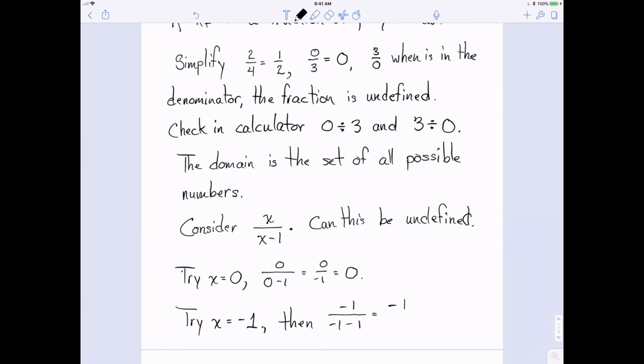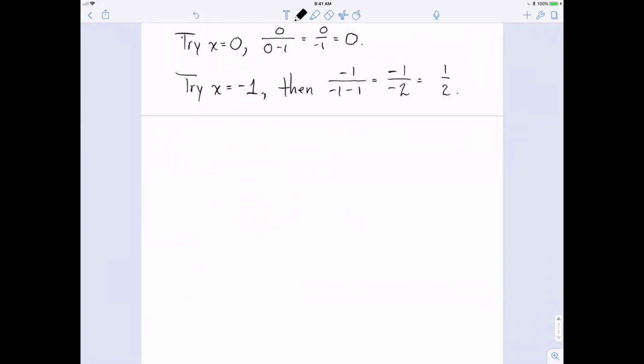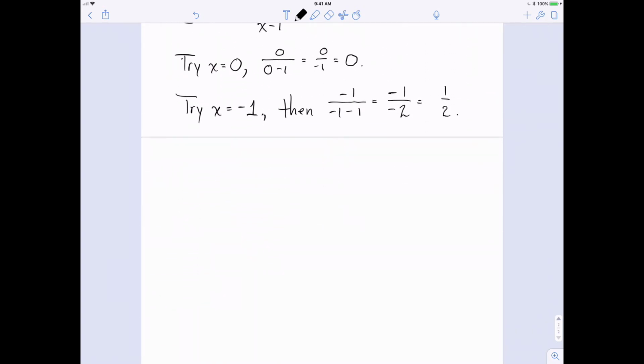Well, that's going to give me a negative 1 over negative 2. That's just 1/2. Okay, so that works. And when you look at it, most numbers do work, meaning that you can put the numbers in and you'll get some fraction or decimal out. So most numbers work.